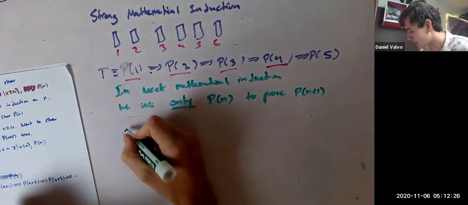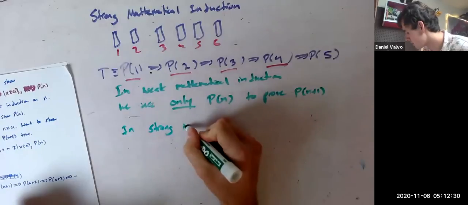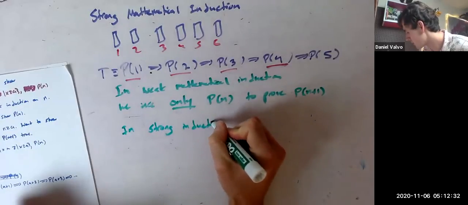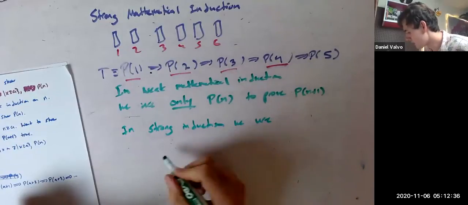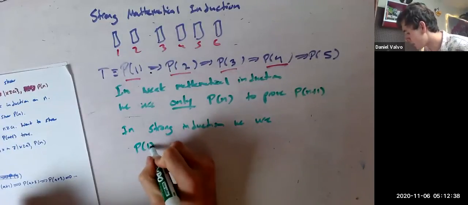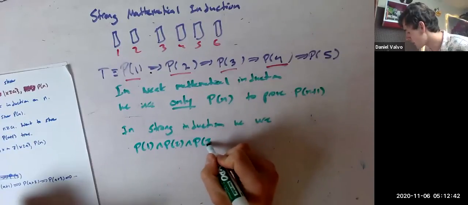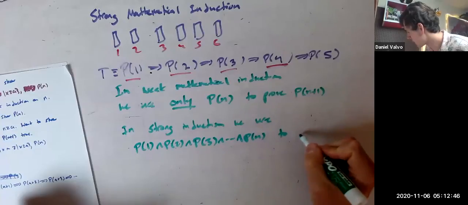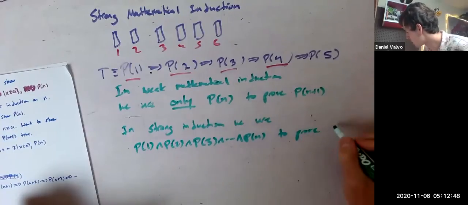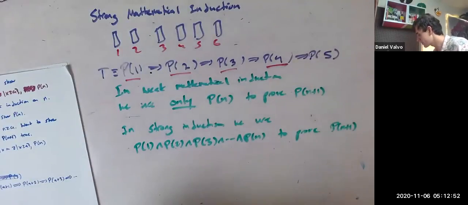So the idea is in strong induction, we use P of 1 and P of 2 and P of 3 all the way out to P of n to prove P of n plus 1.